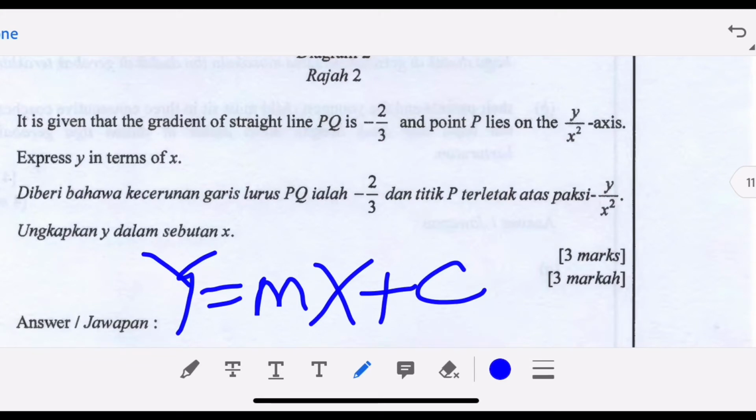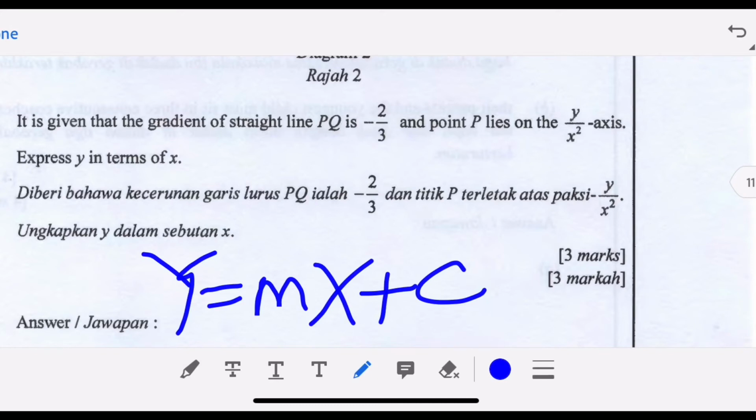So now what you need to do is use the linear law equation, big Y equal to m big X plus c. Then you substitute the big Y, which is equal to y over x squared, right?